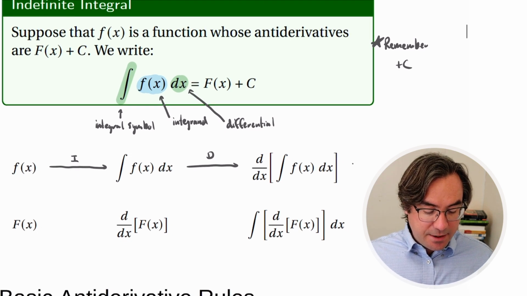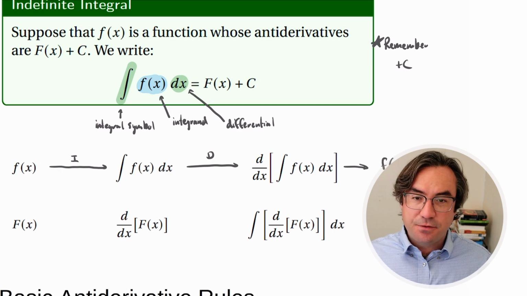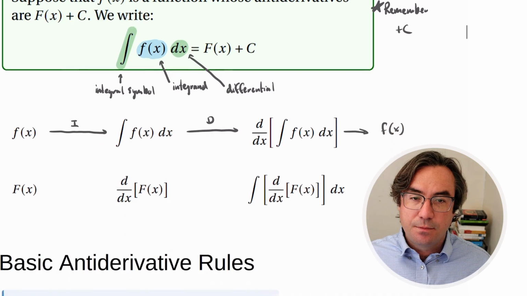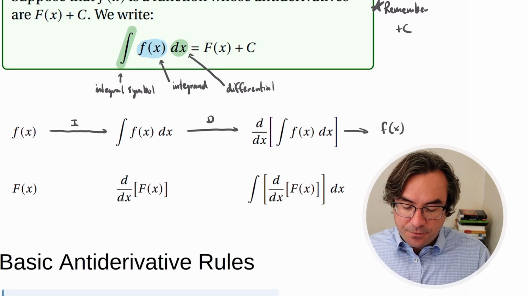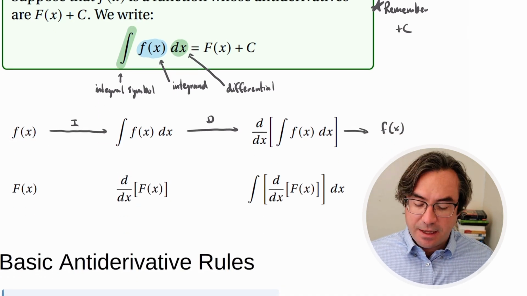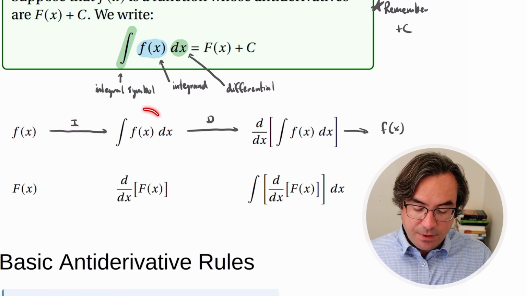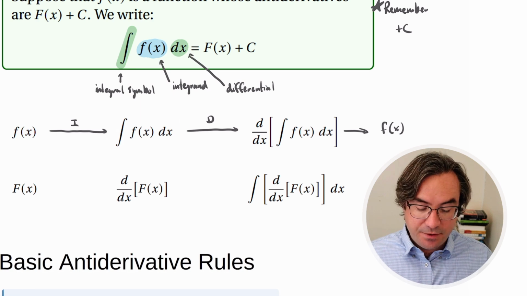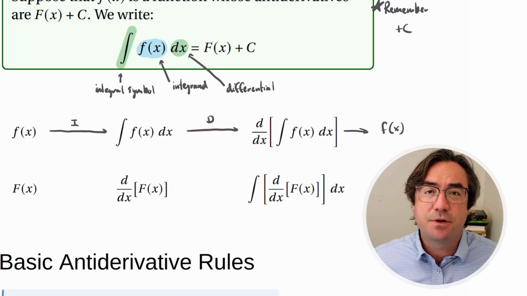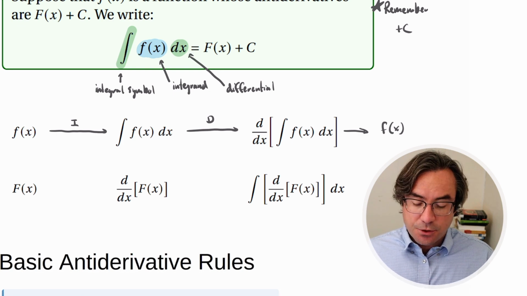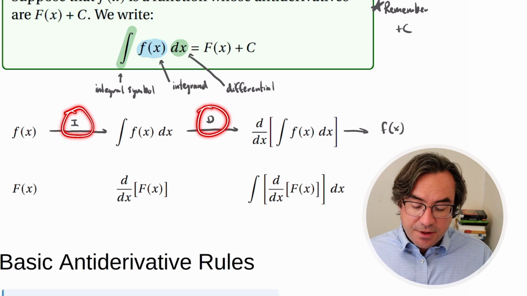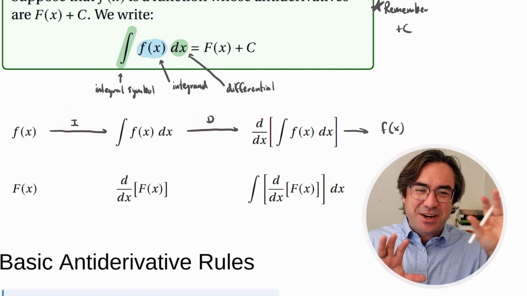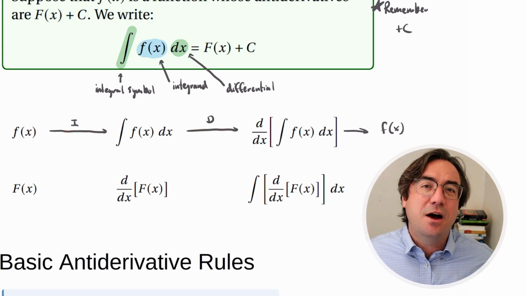What we get back is just the original function. So if we take a function little f and integrate, we get the antiderivative, and then if we differentiate that, we get our function little f back. So it is helpful to think of integration and differentiation as two processes that undo each other.